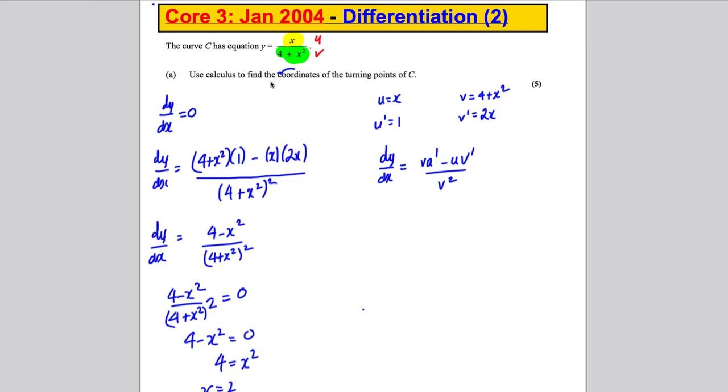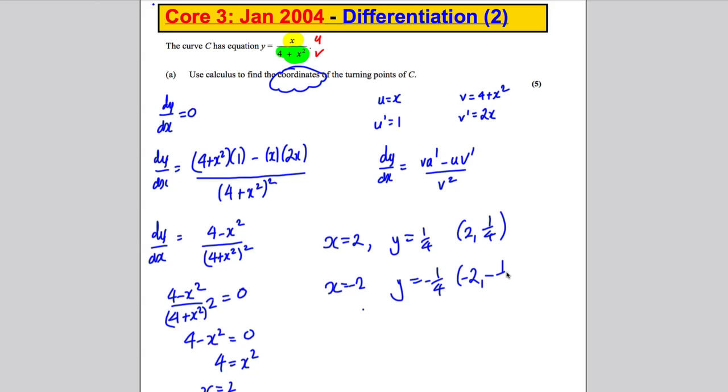Now, it's asked us the coordinates, so we sub back into the original to get the y. When x is 2, we sub that back in, we get 2 over 8, which is a quarter. There's one value. And if x is negative 2, then we get negative 2 on the bottom over 8, so we get negative a quarter. So negative 2, negative a quarter.